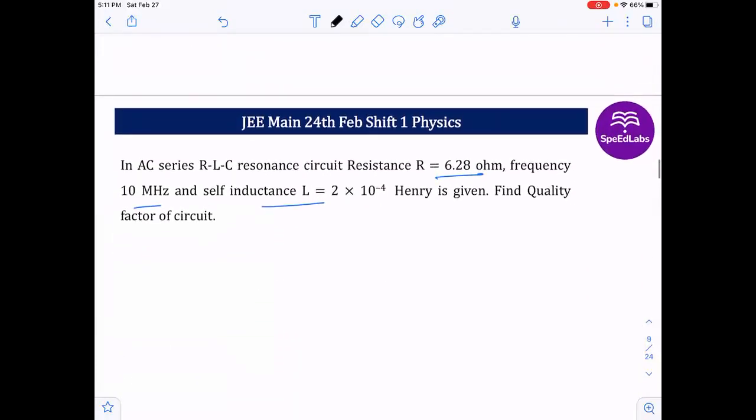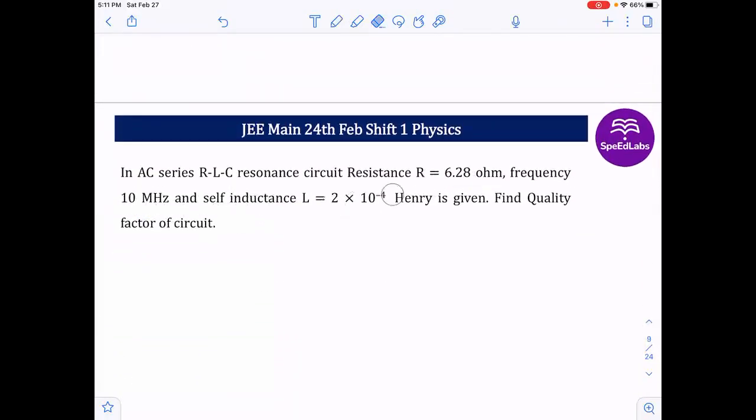Next, they are asking what is the quality factor of the circuit. The quality factor of an LCR circuit is simply omega naught L by R. Omega naught is 2 pi n, L is 2 into 10 to the power minus 4 Henry, and the resistance is 6.28.